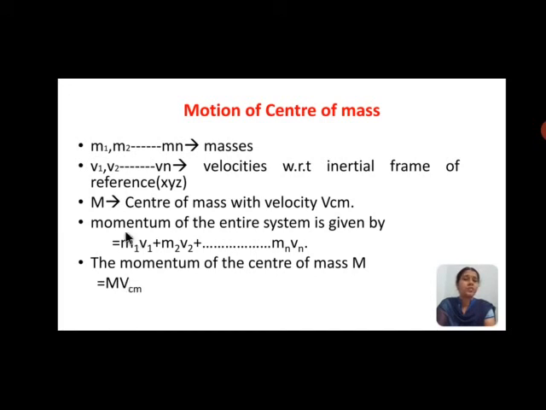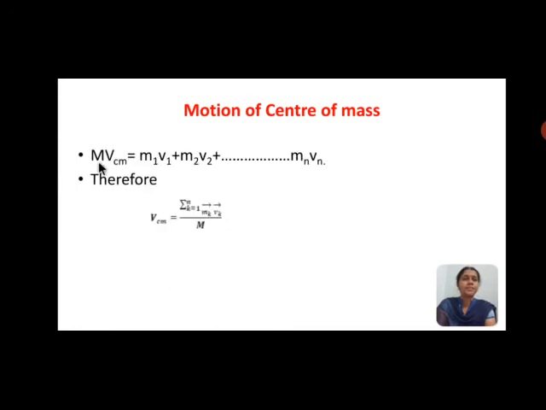So this equation we have written for the momentum of the entire system: m1 v1 plus m2 v2. And this is the equation for the momentum of the center of mass, capital M V CM. So now capital M V CM is nothing but m1 v1 plus m2 v2 and so on up to mn vn. Therefore, what can we write here?